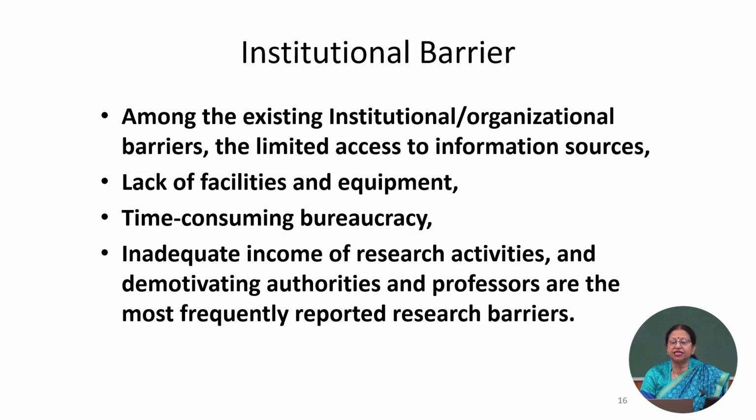Institutional barrier. Among the existing institutional or organizational barriers, the limited access to information sources is one of the major problems. Many of the local colleges cannot subscribe to good journals because the charges for good journal subscription are very high. Thanks to the fact that now Google can give us a lot of information we can download, or Sci-Hub can give us, but many times the latest journals cannot be downloaded through Sci-Hub.